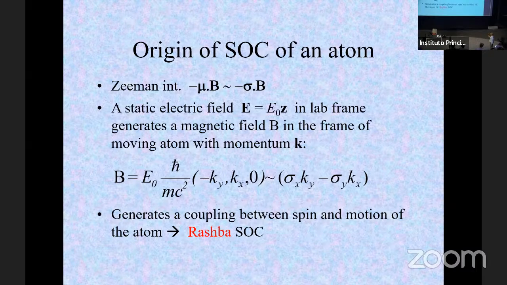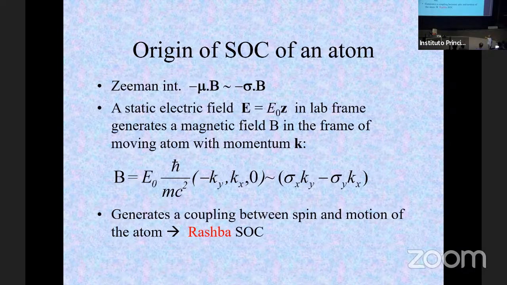In the lab frame, it generates a magnetic field B in the frame of the moving atom with momentum K. This is just giving a Lorentz transformation to the F mu nu tensor. It will mix the electric and magnetic field, and if you take a pure electric field, this will generate a magnetic field.